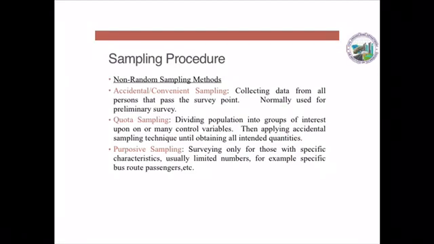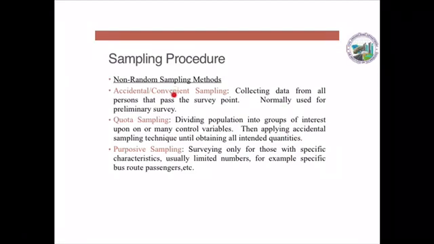But what the surveyor will do to make the job simplified, for example, he will be assigned to interview any 100 passengers traveling in the bus. But the 100 have to be chosen from across all the routes in Bangalore city. To make his job simpler, the surveyor will just conveniently, as per his convenience, maybe on the route which he regularly travels, take the information from 100 passengers in that particular place.